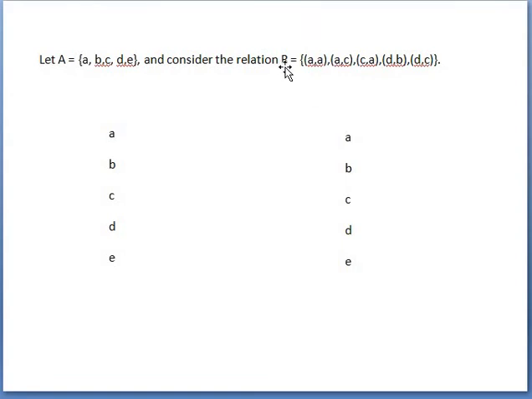Next, the relation R. The first pair is AA, so from the first set element A, I have a relation to the second set element A. So I can draw this line from A to A. What about the next element? AC.